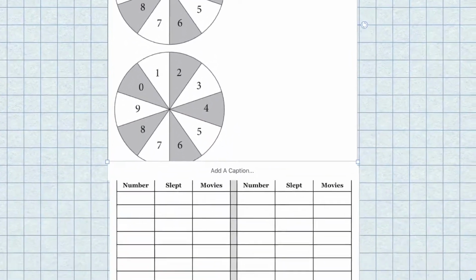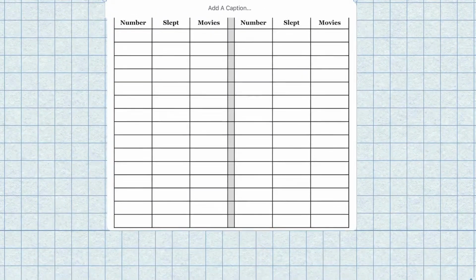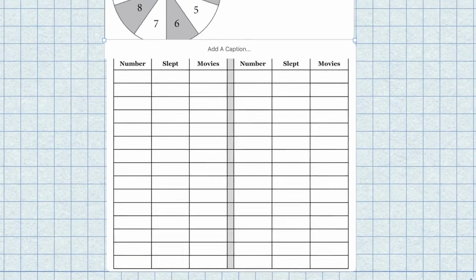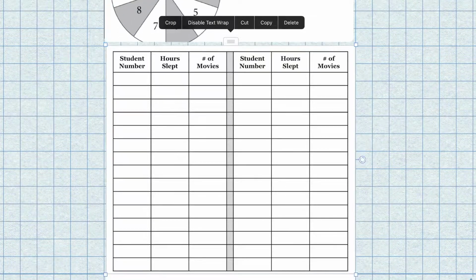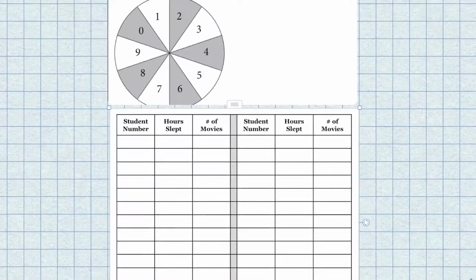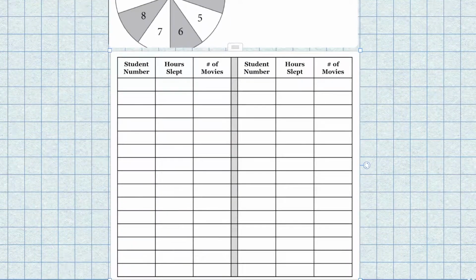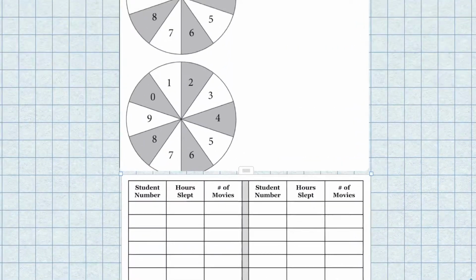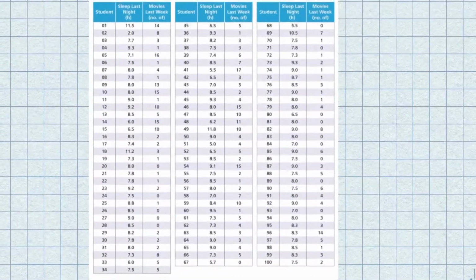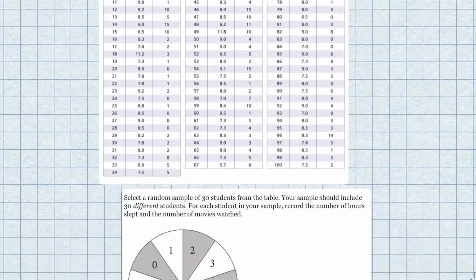And then the last thing you're going to glue, if you have room, is your table at the bottom. It should have student number, hours slept, number of movies, and then a dividing bar, and then again, student number, hours slept, number of movies. So go ahead, pause the video, cut those out, and paste those in.